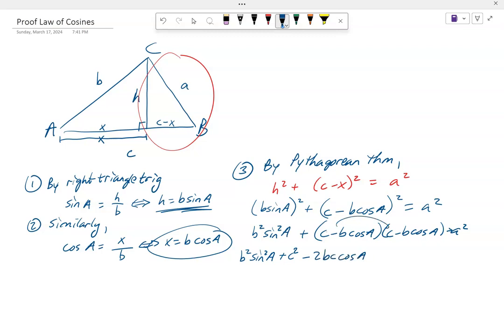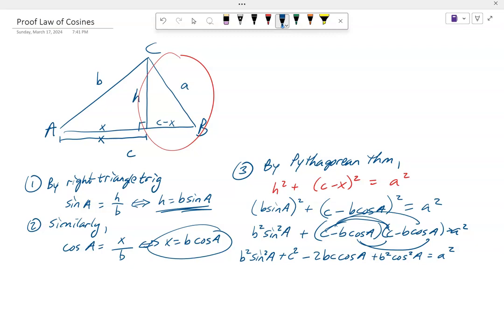The first was c squared, then minus bc cosine A minus bc cosine A, and then a negative b cosine A times a negative b cosine A is a b squared cosine squared A equals a squared.